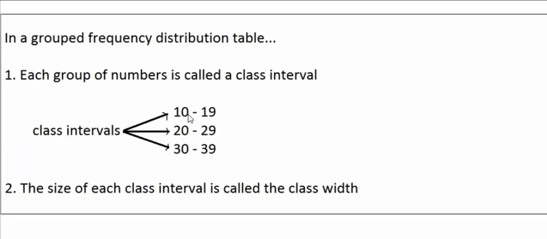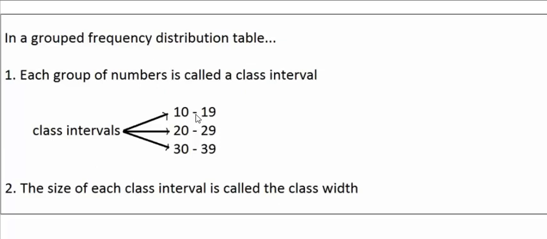That's 10 numbers. And it's important not to confuse the class width with the frequency. The frequency is the number of times that the class interval appeared in the data. So if the data set has 4 numbers that fall into the tens, then 4 is the frequency.